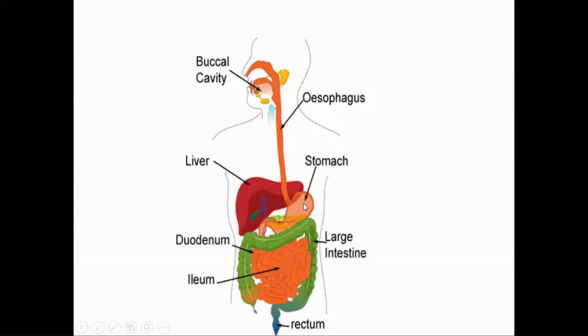The stomach is a muscular bag. It is a muscular and dilated part of the gastrointestinal tract, intervening between the esophagus and the small intestine, and the first part of the small intestine is the duodenum. In an empty stomach, the shape is J-shaped.